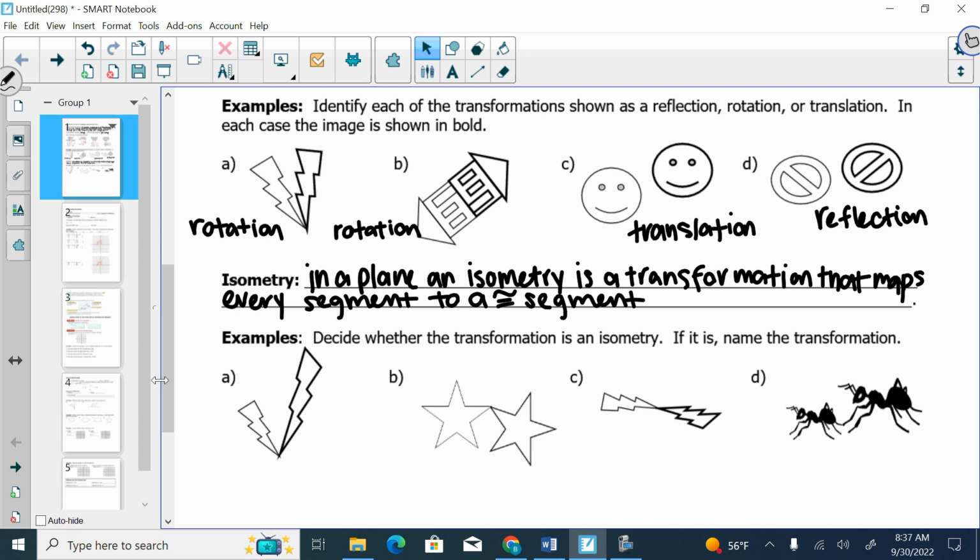This can also be called a congruence transformation.